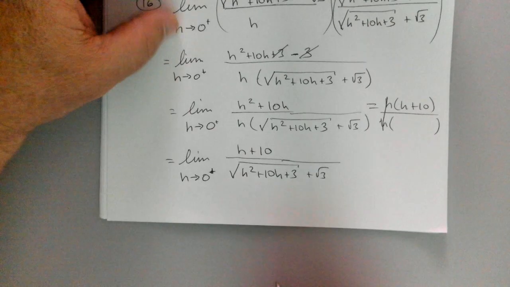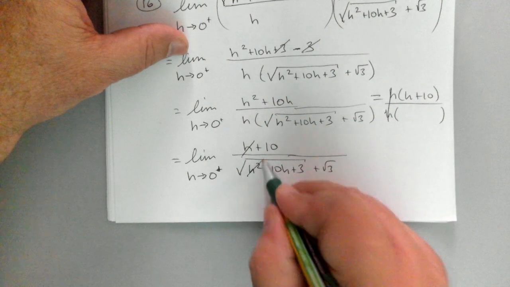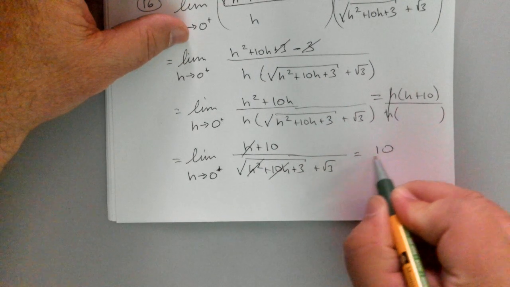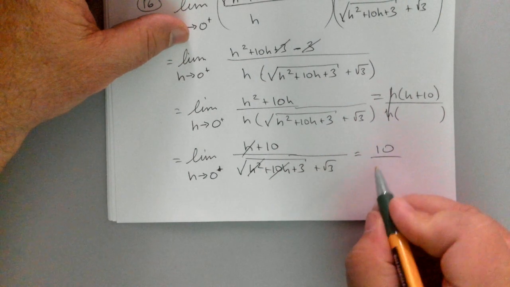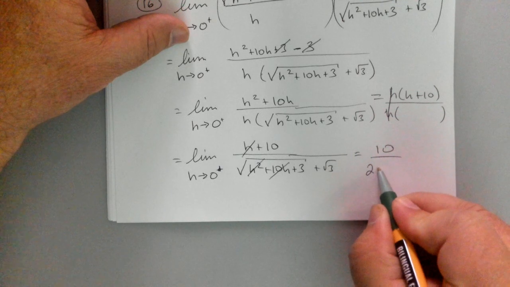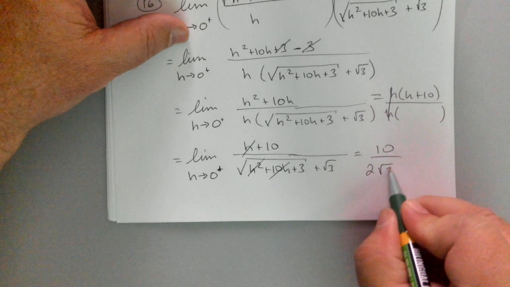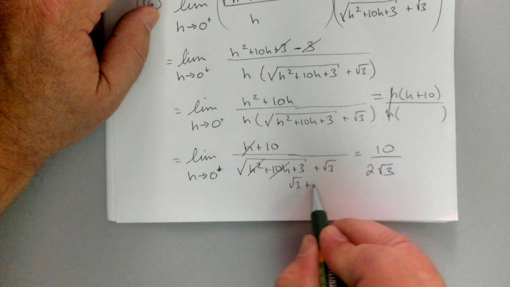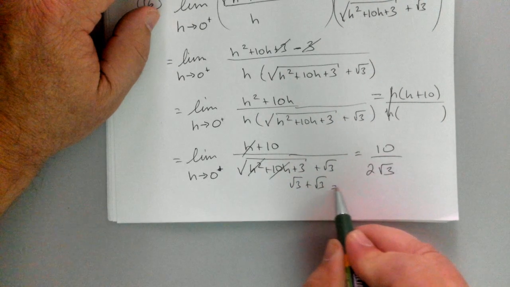Yep. All the h's go to 0. We have 10 over 2 radical 3. This radical 3 plus radical 3 equals 2 radical 3.